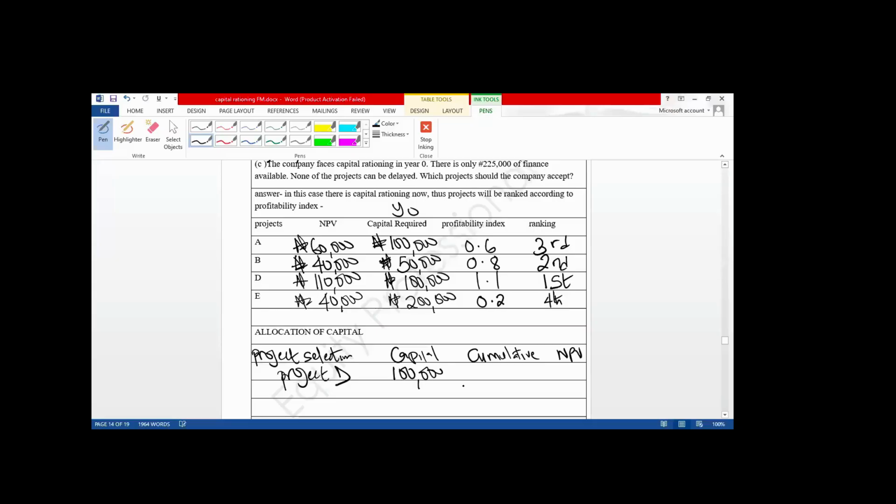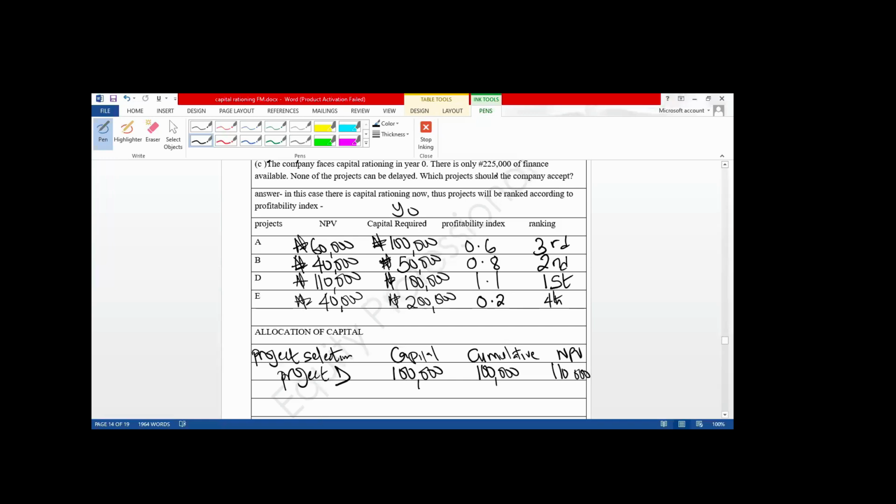Cumulative, 100,000. NPV of project D, 110,000. Remember, finance available is 225,000.